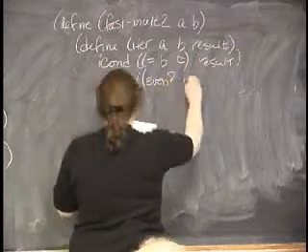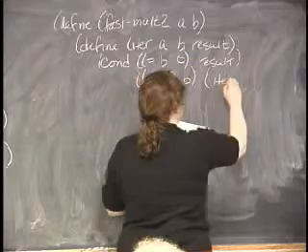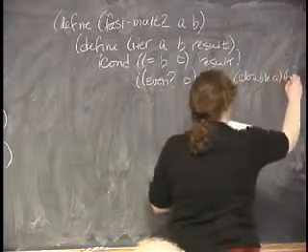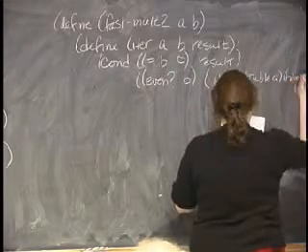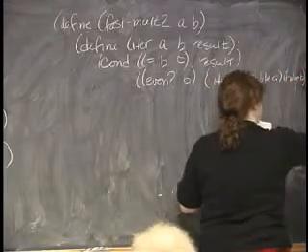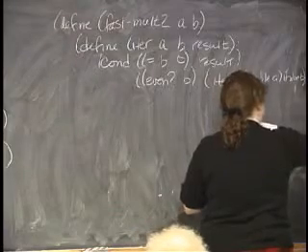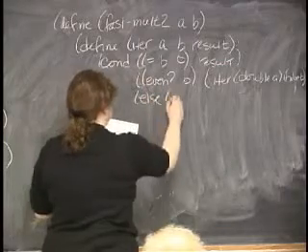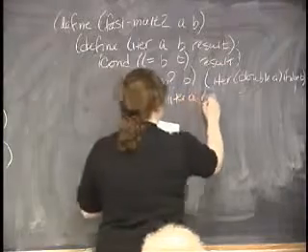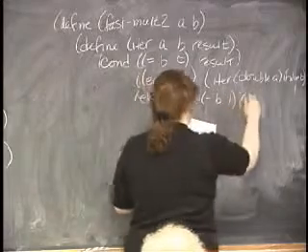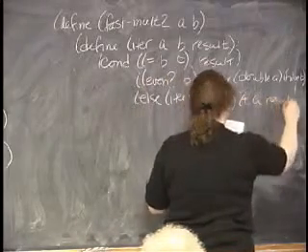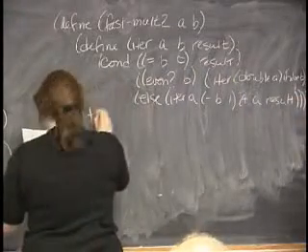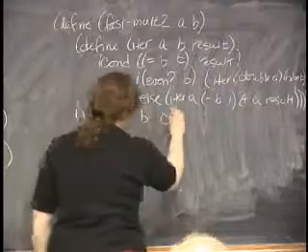If even B, we iter on the double of A, half of B, result. Else we iter on A, B minus 1, A plus result. And then call iter on A, B, and 0.